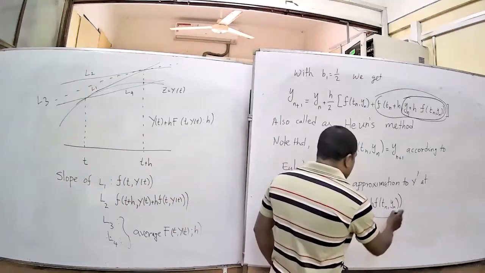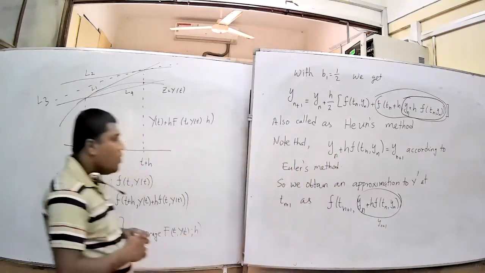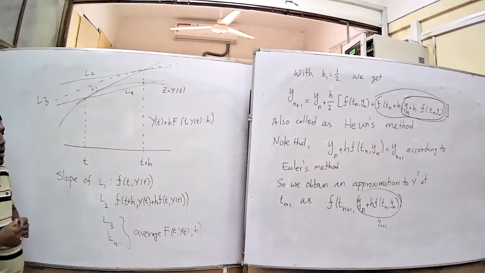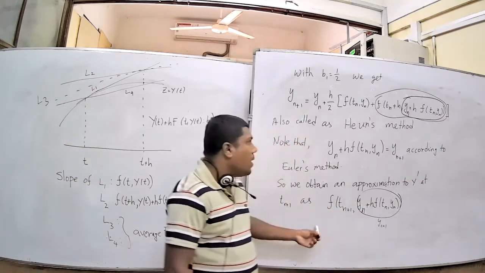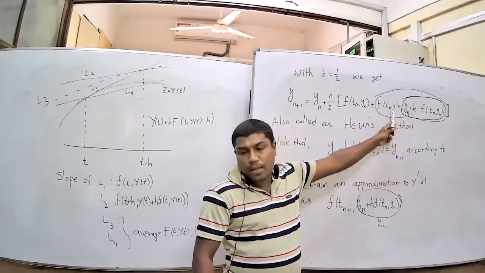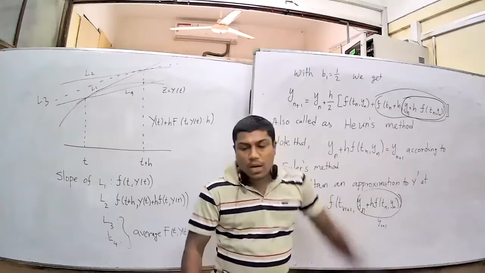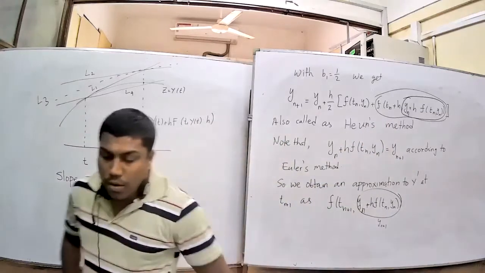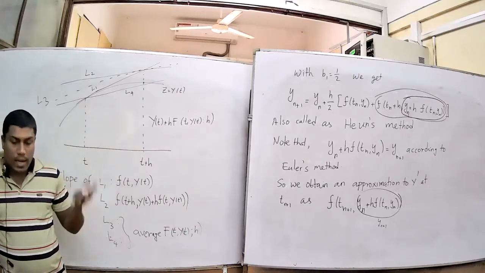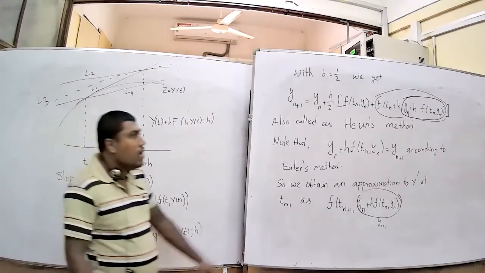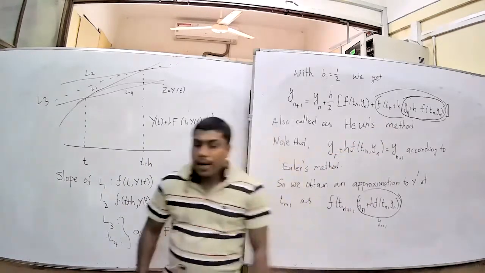Since f is y prime, you can say that this term is an approximation of the derivative of the original solution y, that is y prime, at t n plus 1.